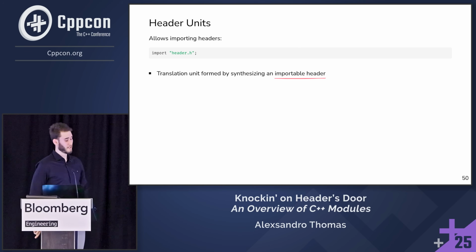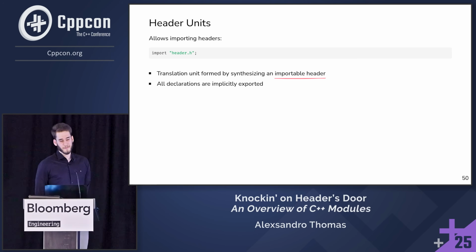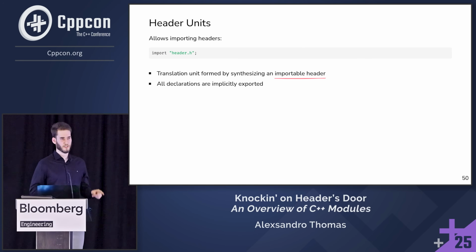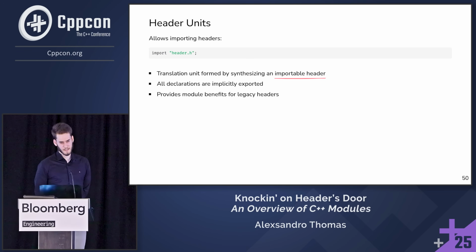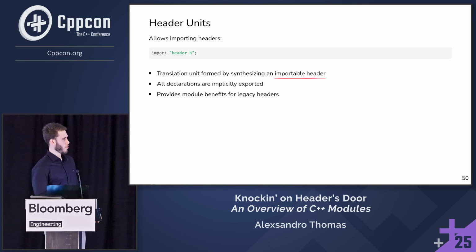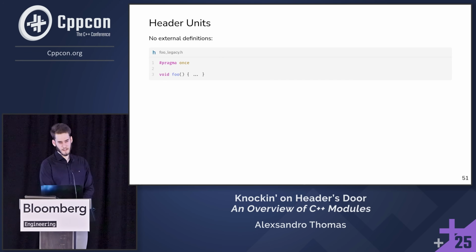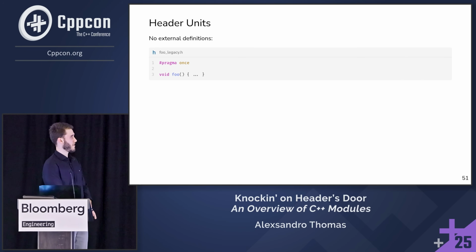By the way, that's an implementation-defined concept, so I have no idea what to tell you what exactly that means. But all the declarations are implicitly exported, so you don't need to go into your headers and mark everything as exported for you to be able to utilize it when you import them. And they provide basically all of the module benefits, but for the legacy headers that you have in your code base.